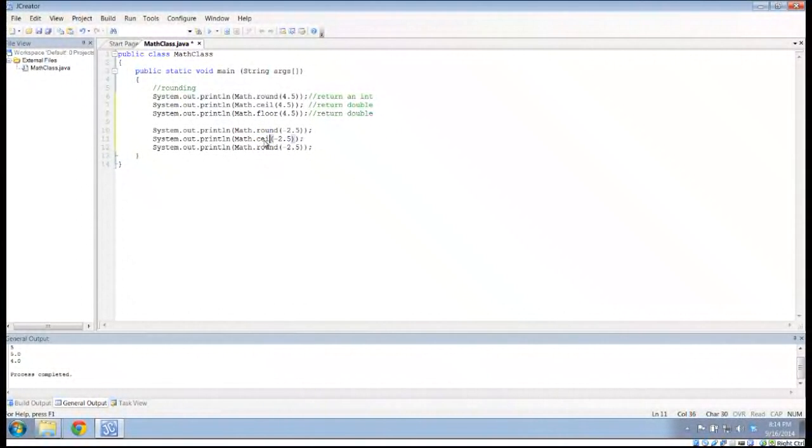So if I run this, notice the results that I get are negative 2, negative 2.0, and negative 3.0.